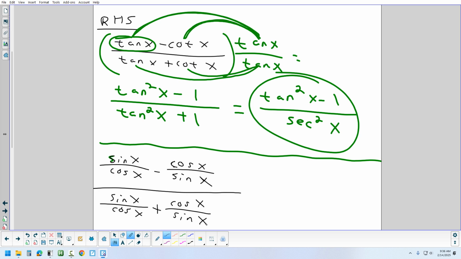Yeah, that's okay. Okay, so that's what we get if we change everything to sines and cosines. Any question on that part? Okay, so lots of sines and cosines. Now, what do you think we should do in the top and the bottom?